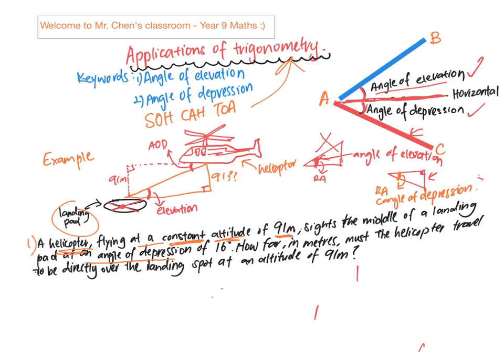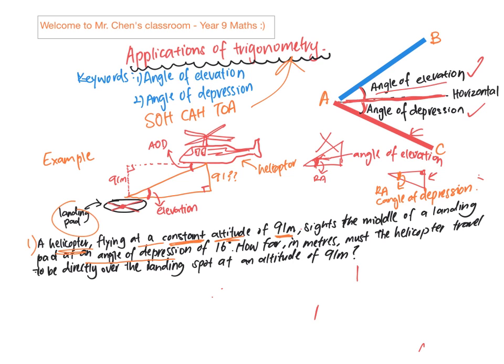From here we know that the helicopter is 91 meters above the ground and it wants to land on the landing pad. But the question is asking how far the helicopter must travel before it can actually land on the landing pad.